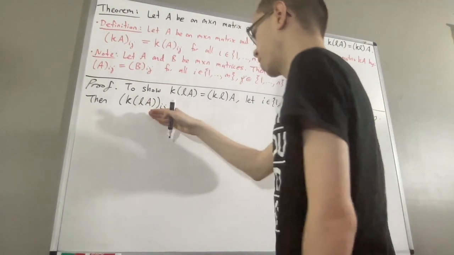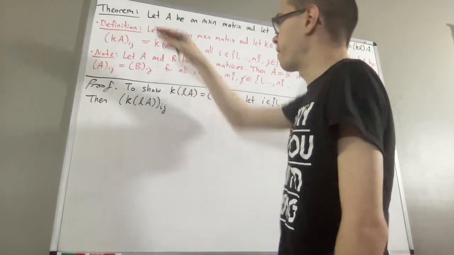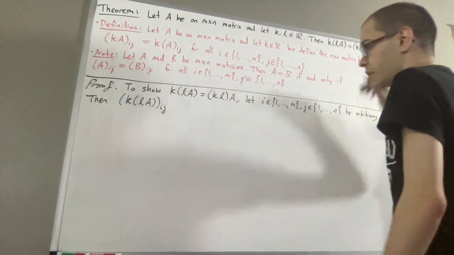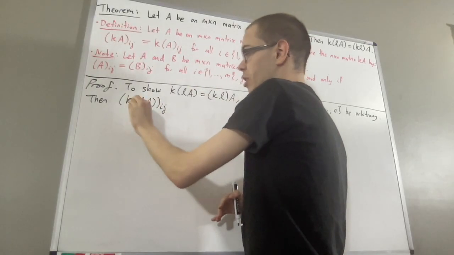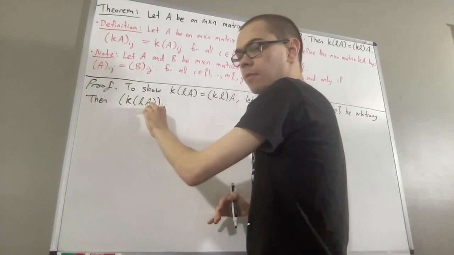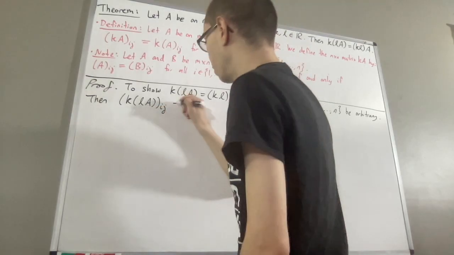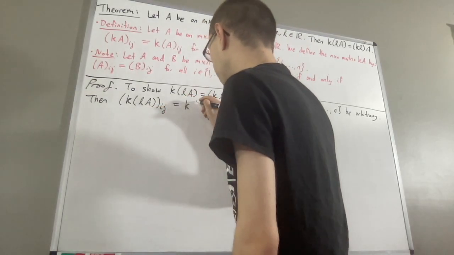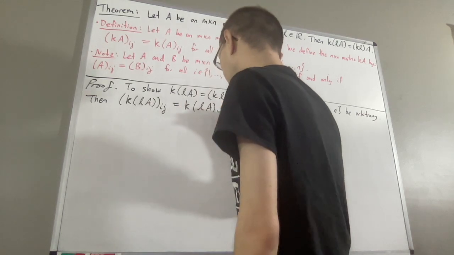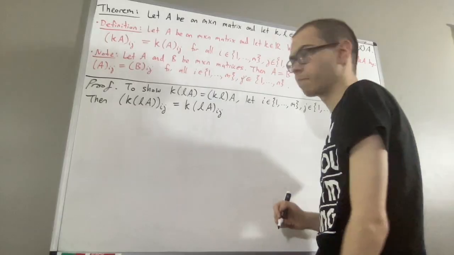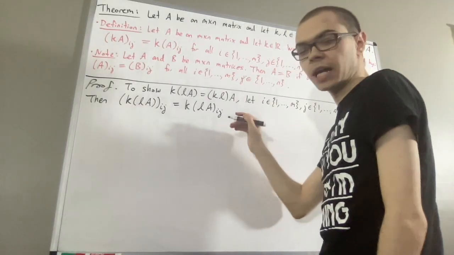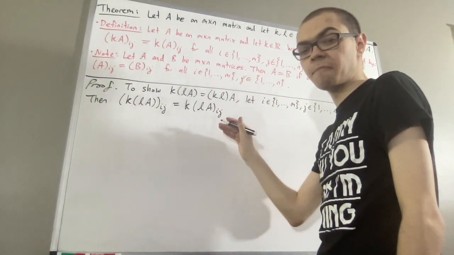So then what can we do with this? Well, we can apply our definition of scalar multiplication. By definition, the ij entry of matrix K times LA is equal to K times the ij entry of matrix LA. So really, we can just pull the K out, and we get this. But then we can apply the definition of scalar multiplication again.